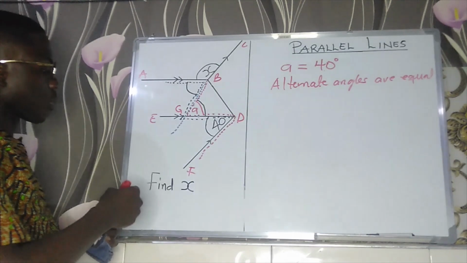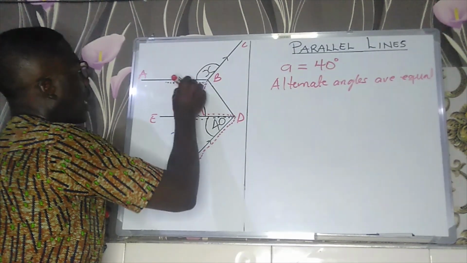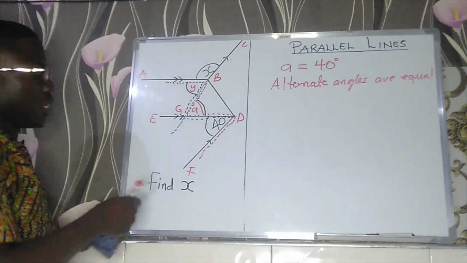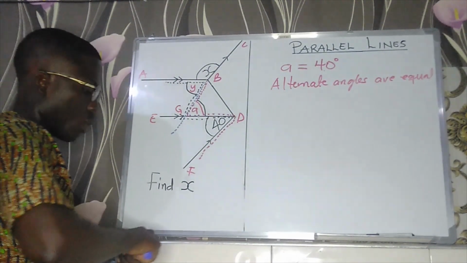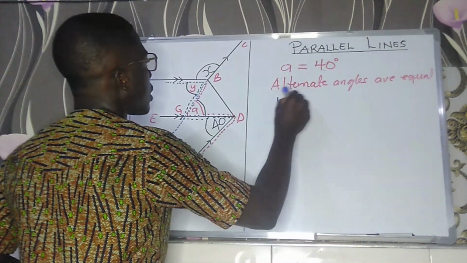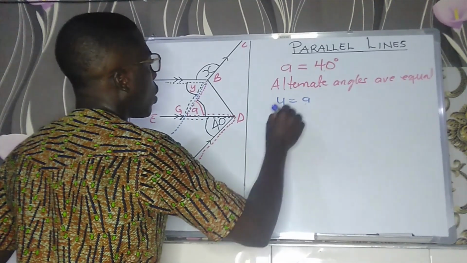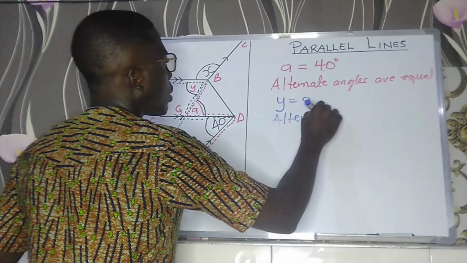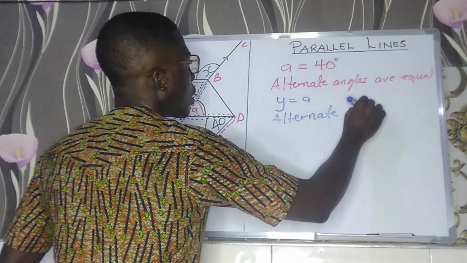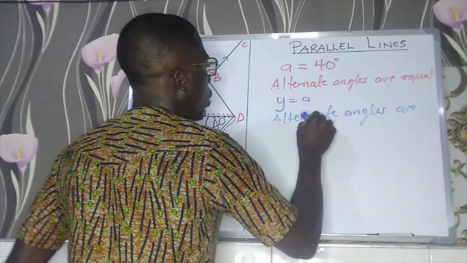And so I prefer labeling here Y. So Y is equal to a because alternate angles are equal.